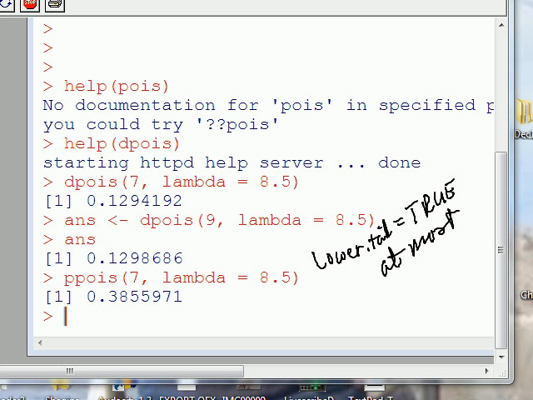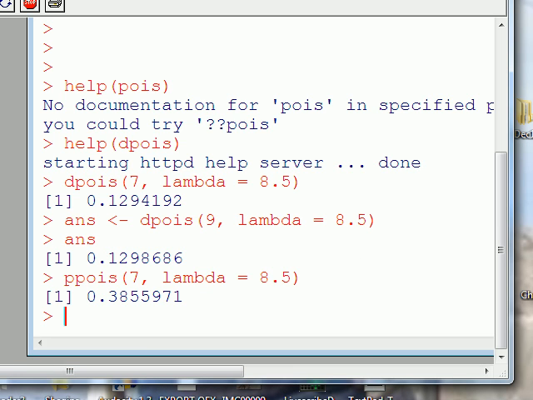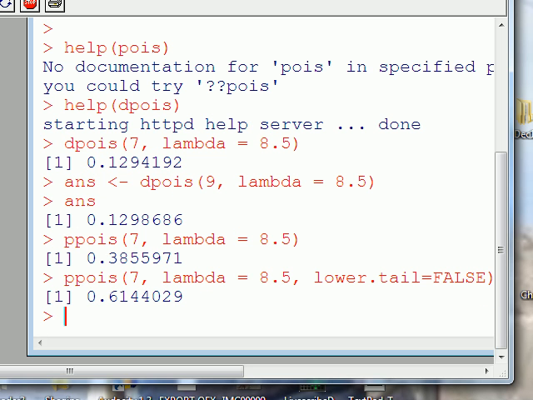I can recycle it by going up like that, put a comma, lower dot tail equals false. And this is what I get. This would be at least 7 houses. So 7, 8, 9, 10, an infinite number of houses. That's the probability of selling at least 7 houses. Notice they add up to 1 as they should.